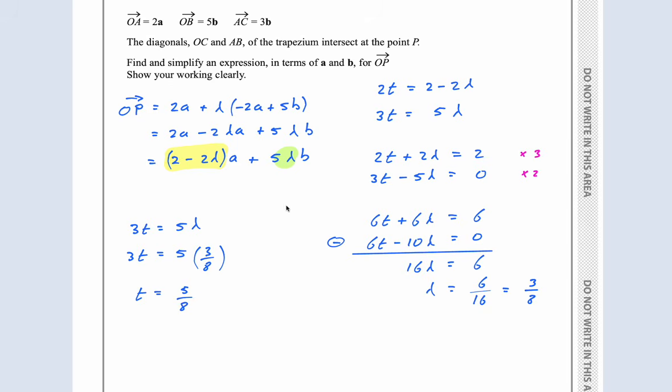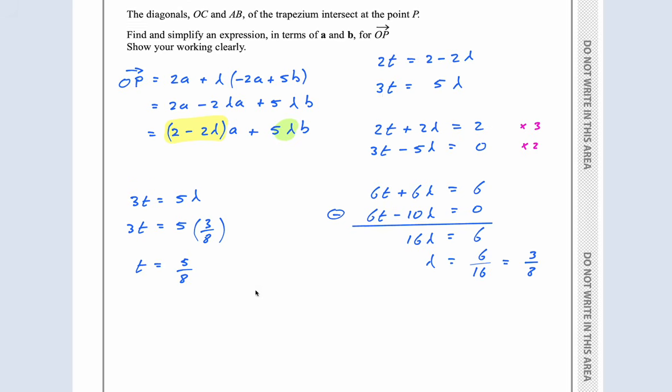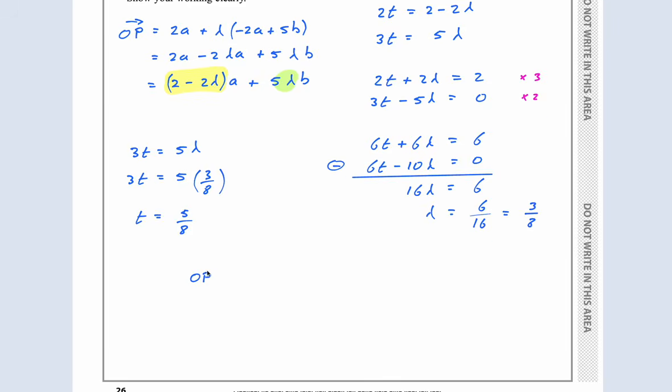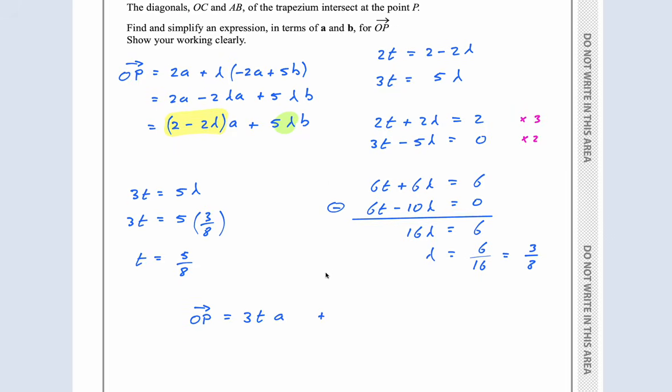Okay, now I'll use this OP, guys, because it's easier. OP equals 2ta plus 3tb.